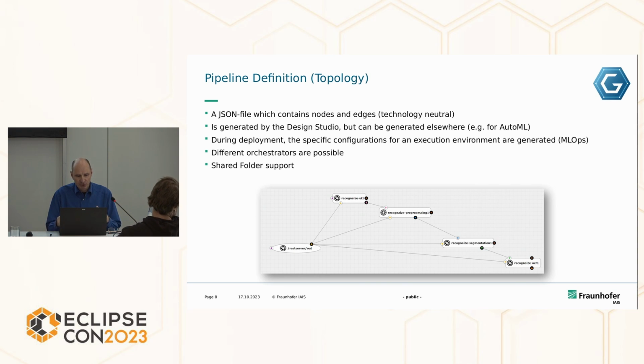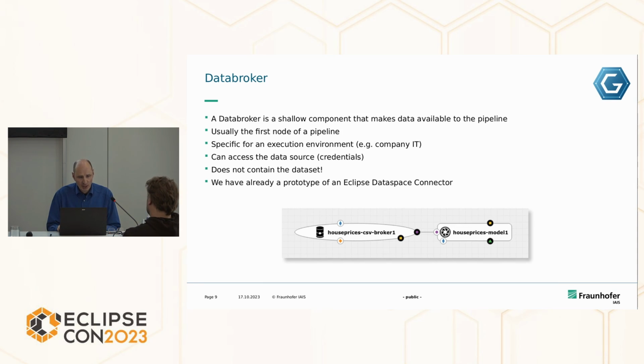And we also have a shared folder where all the nodes in a pipeline can share data, as depicted in the pipeline below. Then we have a special node that is called the data broker. It's usually the first node of a pipeline, and it's a shallow component that does not contain the data set. It only makes the data available for the pipeline.